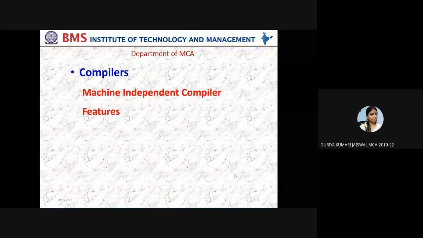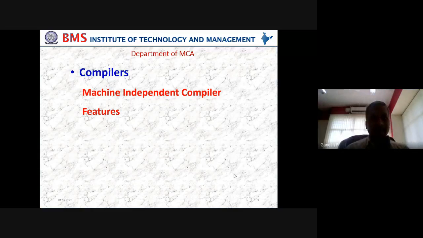Yes. So probably we are at the penultimate section of compilers, which talks about machine independent compiler features. In the previous class, we talked about machine dependent compiler features, which were mainly focusing on how effectively we can utilize the various contents that processor deals with.